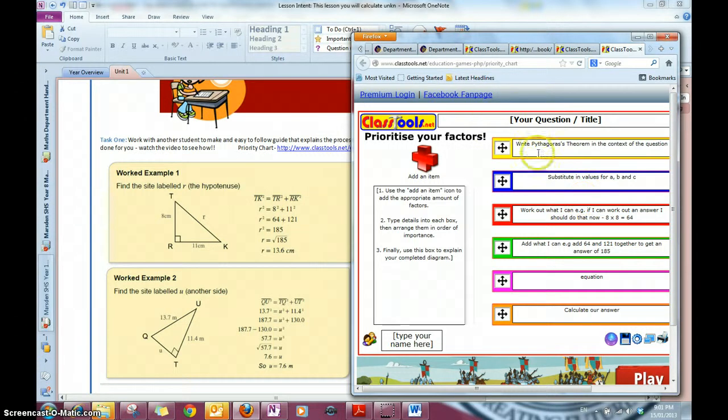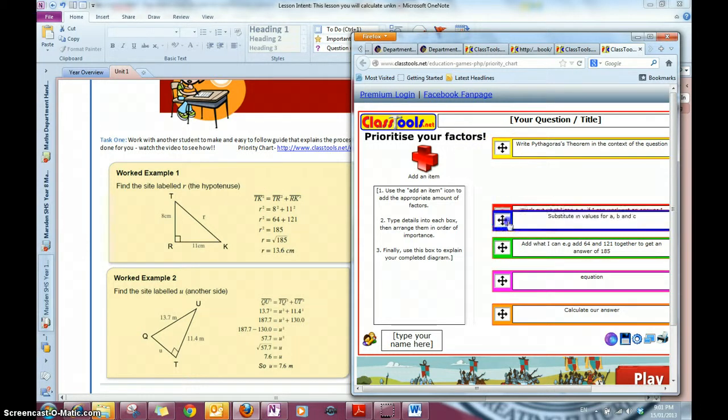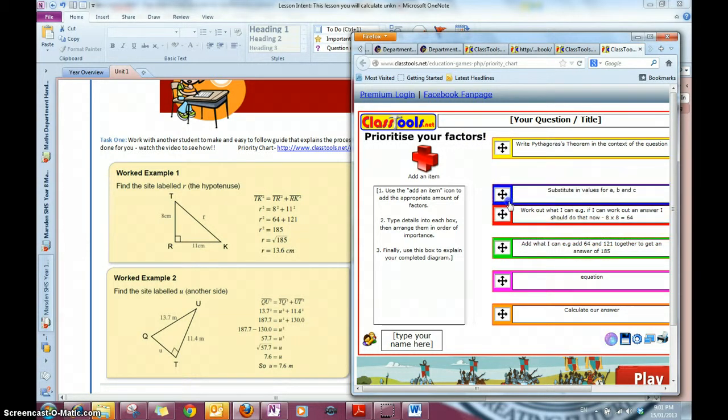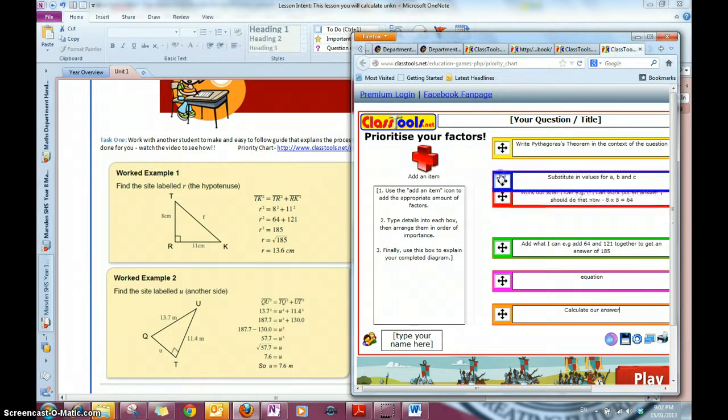Easy. So now we've got a really good list of what we had to do. I could give that to anybody else and they could do it. If I needed to change it, so if I look at that, is there anything that I need to swap around? Can I put this one down here and bump that one up? Can I substitute A, B and C before I work it out? I can't really do that, can I? So we'll leave it up here.